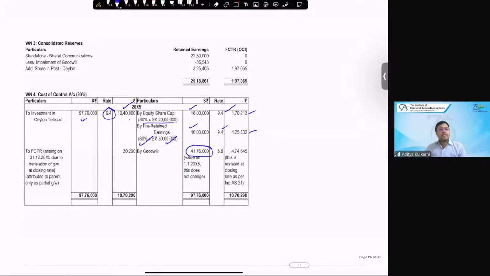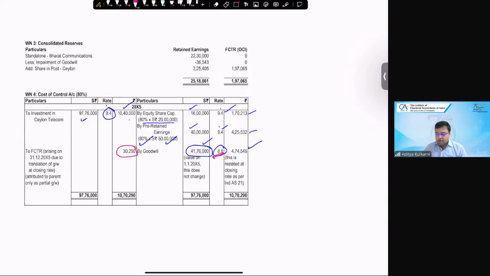That is exactly what I am doing here. I calculate the goodwill in foreign currency, convert it to INR using the closing rate. Obviously, it won't match because this rate is different from all these three rates. And therefore, there will be a balance. This balance is going to my FCTR. Are you able to understand?